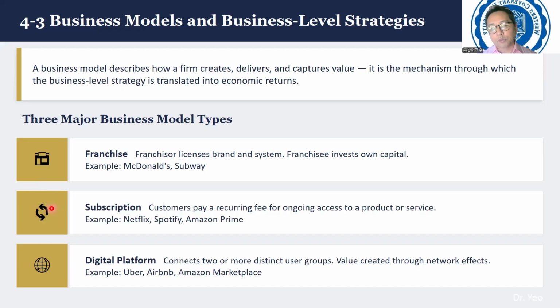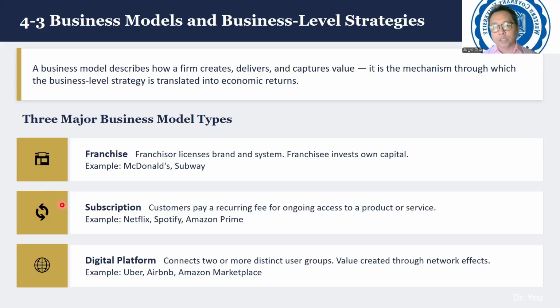And second, subscription. The subscription model is booming. Think Netflix, Spotify, and Canva design apps. Even software companies like Adobe, instead of selling you a product once, charge you monthly or annually.